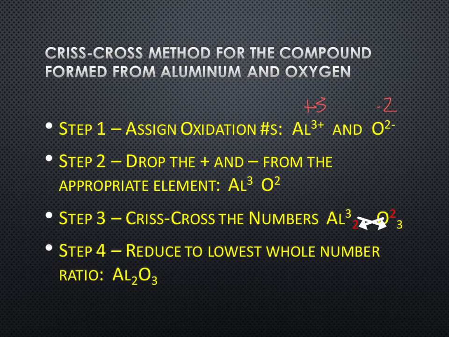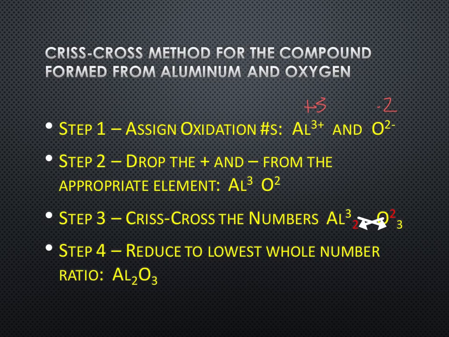Alright, so you're going to drop the pluses and minuses from the appropriate element. So we've done that here. And then we just crisscross them. So now the superscript for the aluminum becomes the subscript for the oxygen and vice versa. And when we do that, we get Al2O3, as you can see here. And now we reduce to the lowest whole number ratio, and that is the lowest whole number ratio, so we would stop there.